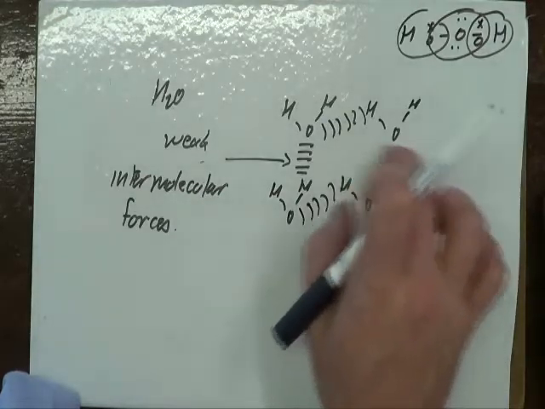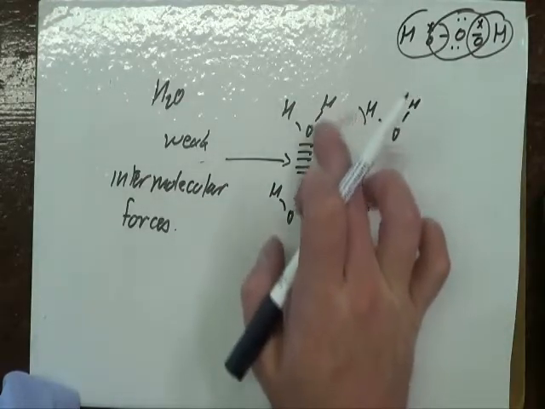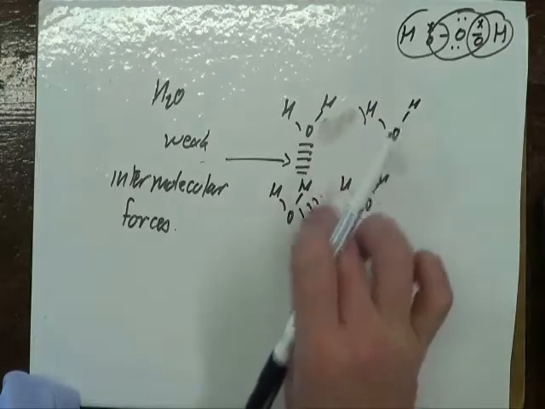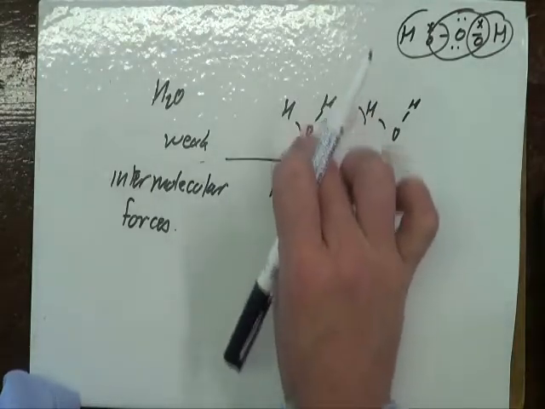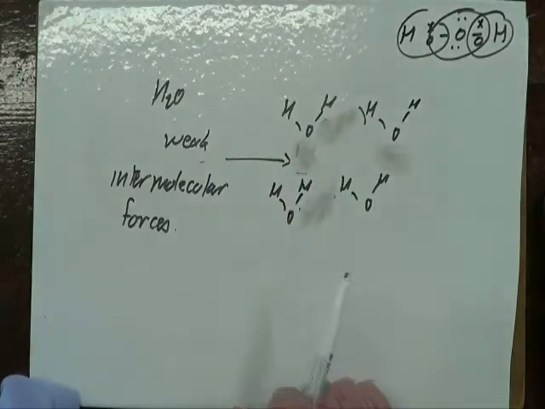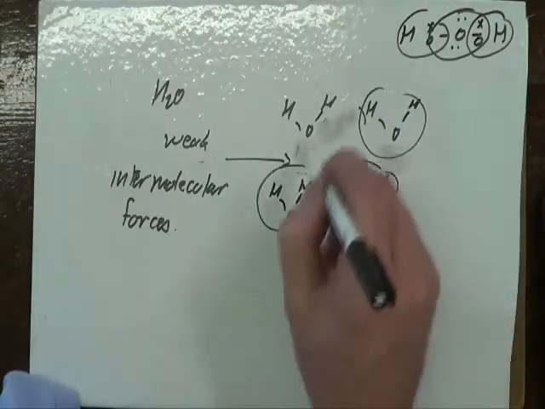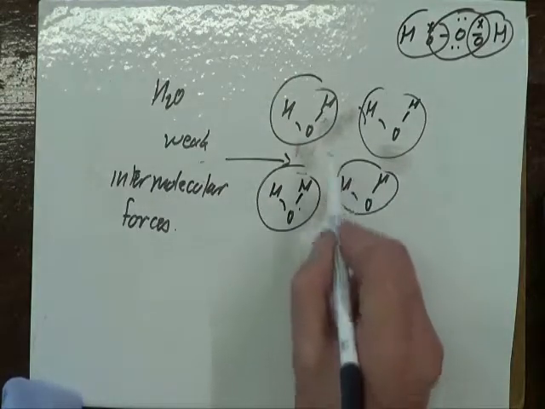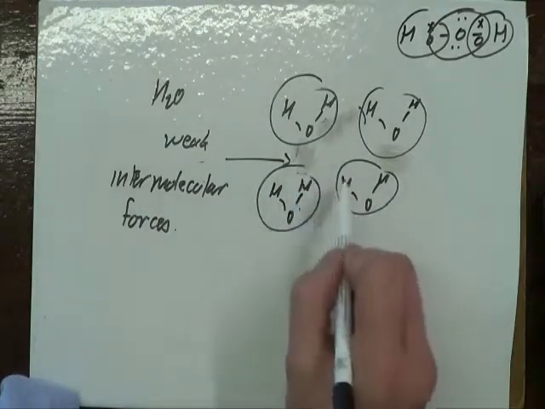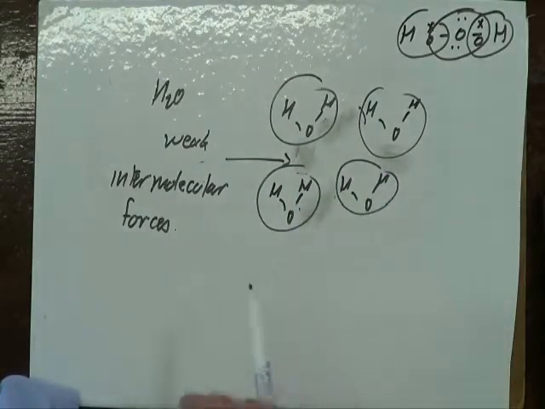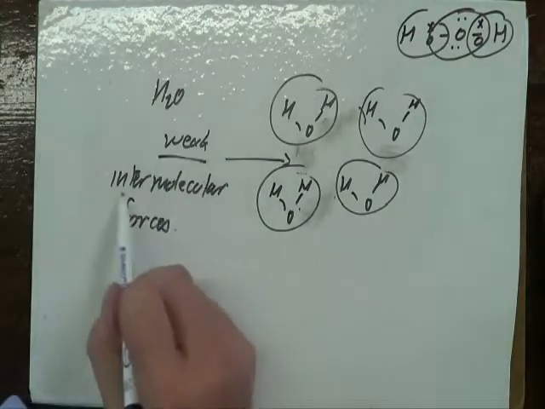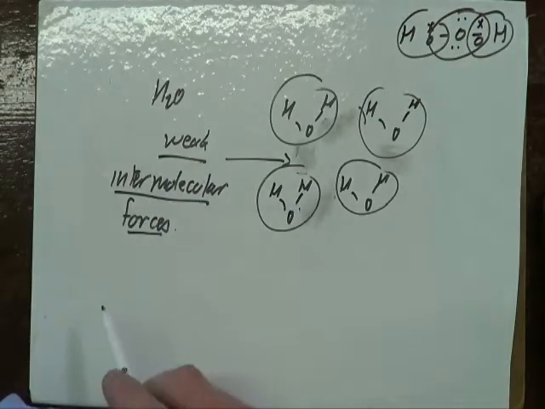So in order to do that, all I need to do is break these little attractions between the water molecules. And that gives me completely separate water molecules. The energy needed to break those attractions between the water molecules is very, very weak. The same goes for all simple covalent structures. The energy needed to break the weak intermolecular forces is very weak.